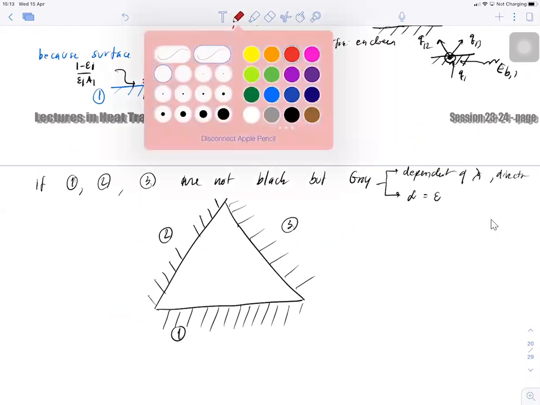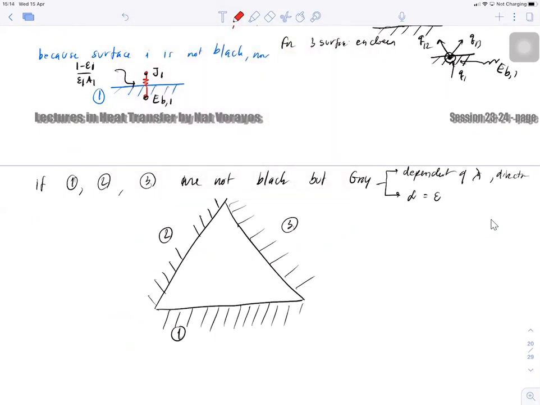In such a case, 1, 2, 3 is not black. It's going to have internal resistance, like so.